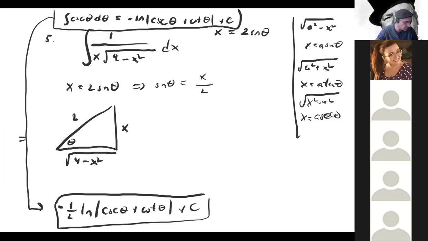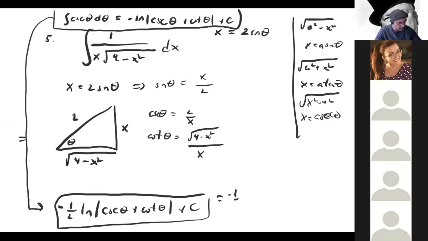Cosecant theta is 1 over sine, so it's hypotenuse over opposite. So cosecant of theta is 2 over x. And cotangent of theta, since tangent theta is opposite over adjacent, is adjacent over opposite, so it's the square root of 4 minus x squared over x.